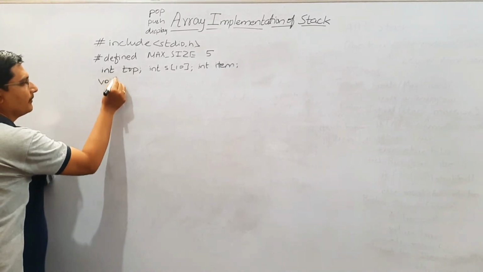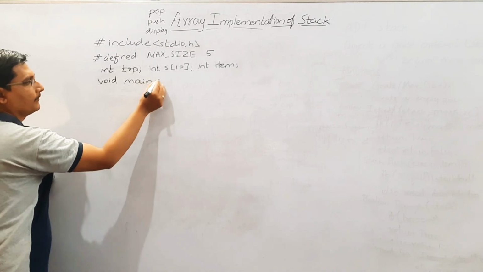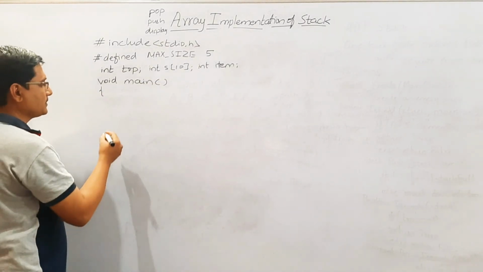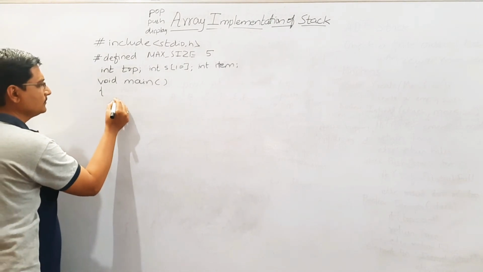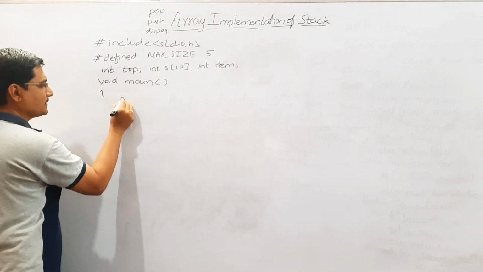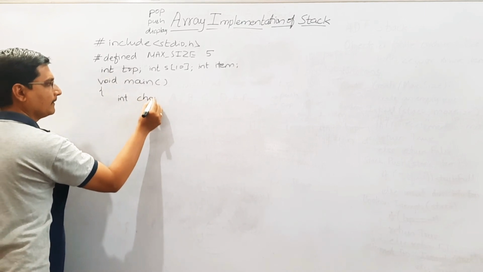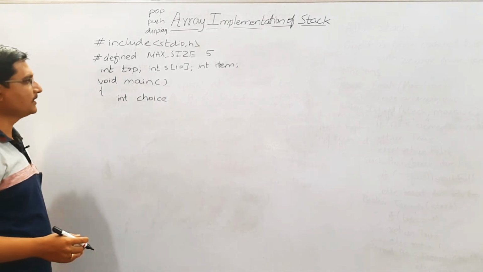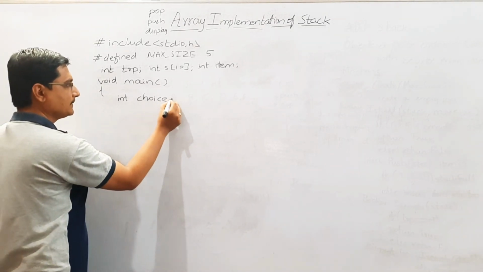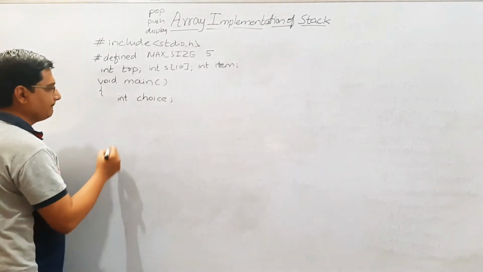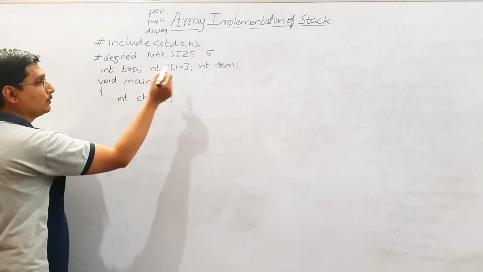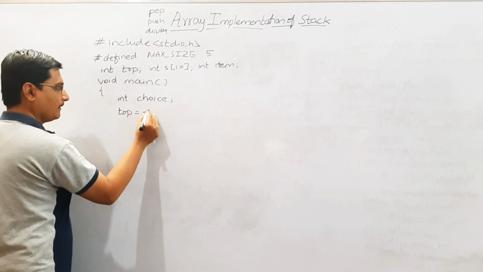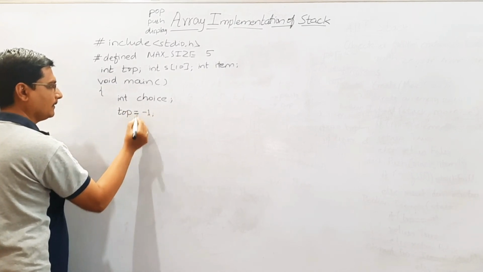Say in the main function, I need to declare some local variables, of course, like choice. Say if you want to create a menu for push, pop, display in choice, then I need to initialize this top to -1 initially.